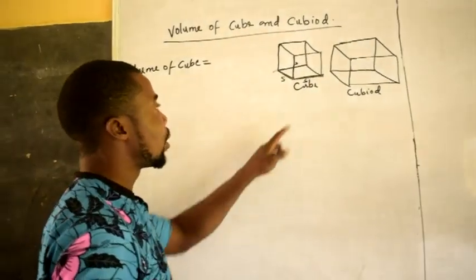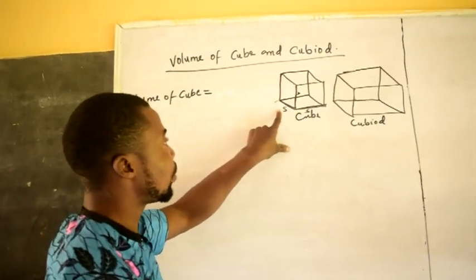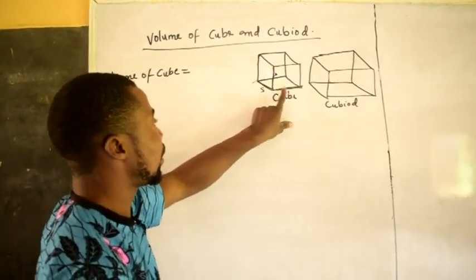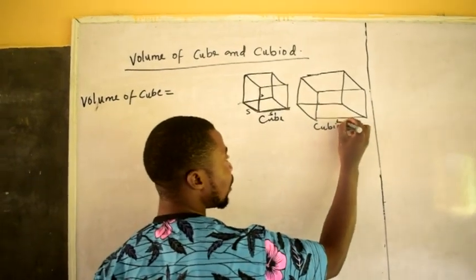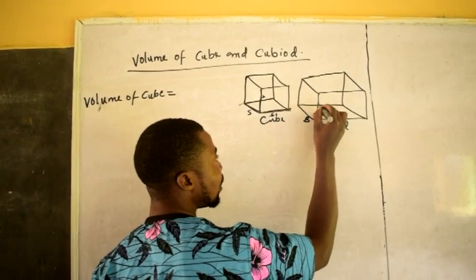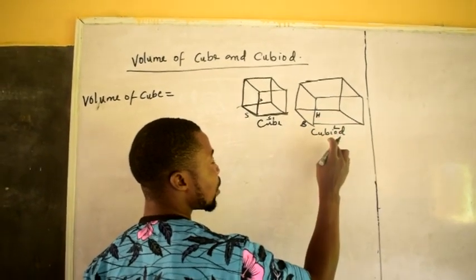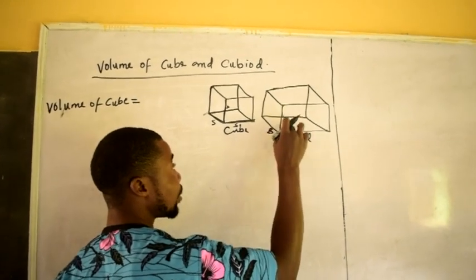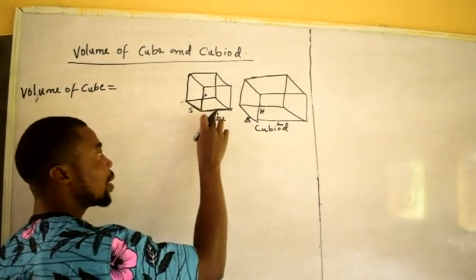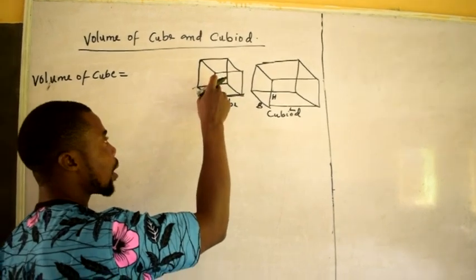That is this multiplied by this, length times breadth times height. Likewise for this one, this is your length, this is your breadth, and this is your height. For a cuboid, length times breadth times height. For a cube too, it is length times breadth times height.